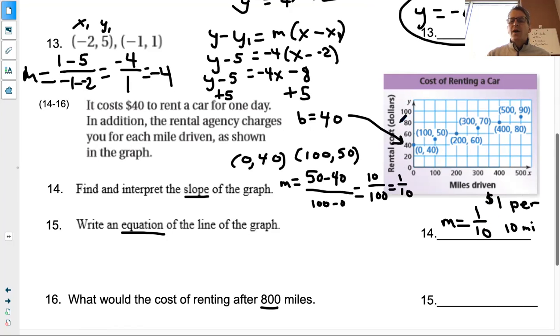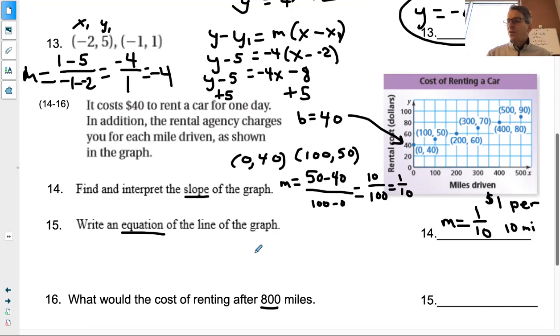Remember, it's always the y on top in slope. The y in this case, cost, is $1 per 10 miles driven. Number 15, write an equation of the line of the graph.